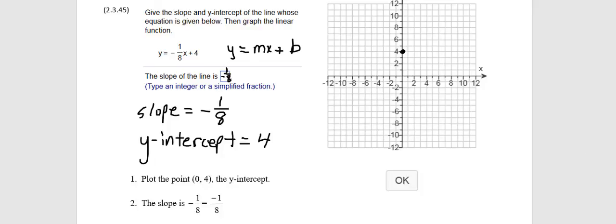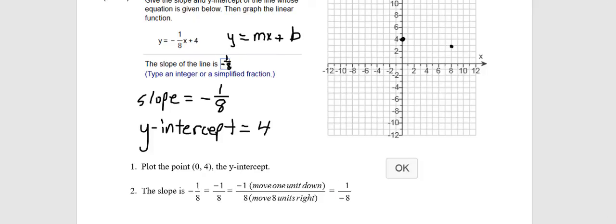The slope is negative 1/8. I can think of that as negative 1 over 8. That means I'm moving 1 unit down from the y-intercept and then 8 units right to get to a second point on the line. And that would land me at the point that I've indicated.